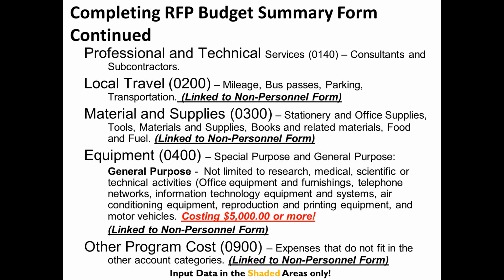And then finally there is the other program costs, account 0900. Here is where we're going to show all of the participants in the program. So this is an important account on the RFP budget. If we're budgeting for youth, we show the youth on one line in 0900.